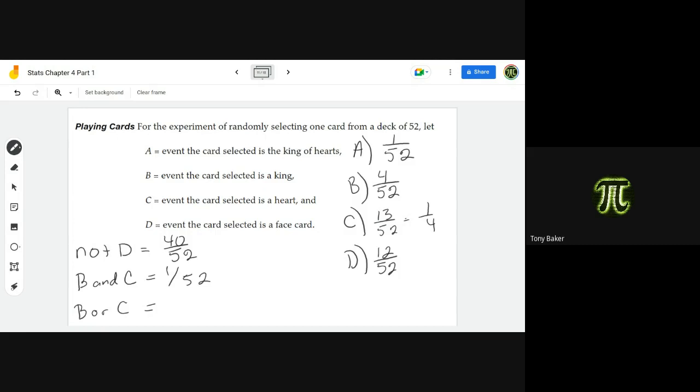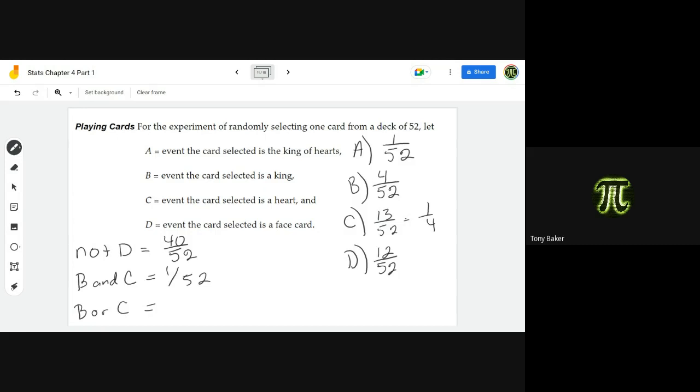That's the difference between when things are mutually exclusive and when they're not. These two events are not mutually exclusive. If they were, you'd be right: it'd be 17, and you could add the 4 and the 13. However, there's one card that overlaps. There is a king that is a heart. So I cannot just add the two together to get the total probability.